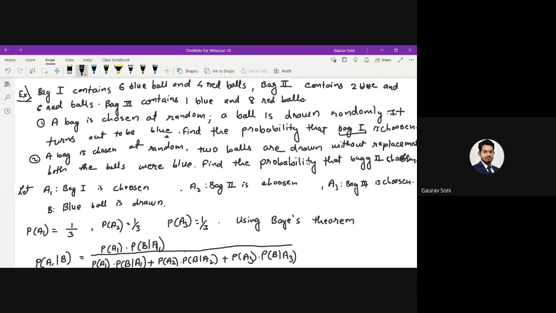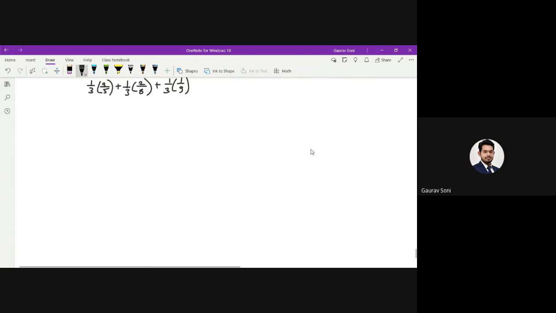Should we define another event? We'll define the event C as both the balls are blue. What do we need to find?